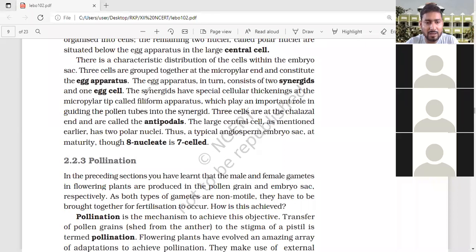Now, the synergids have a special thickening at the micropylar tip called the filiform apparatus, which plays an important role in the guidance of the pollen tube into the synergids.